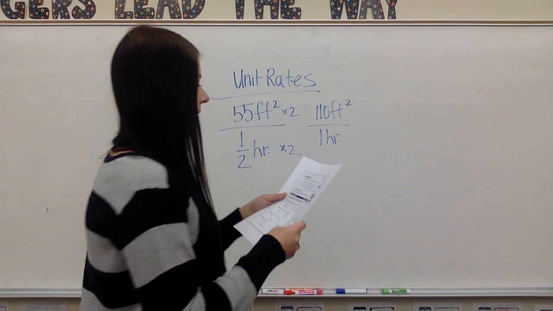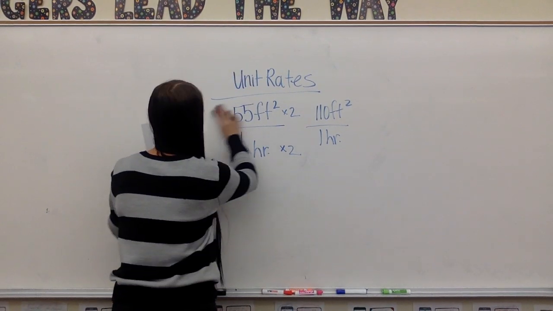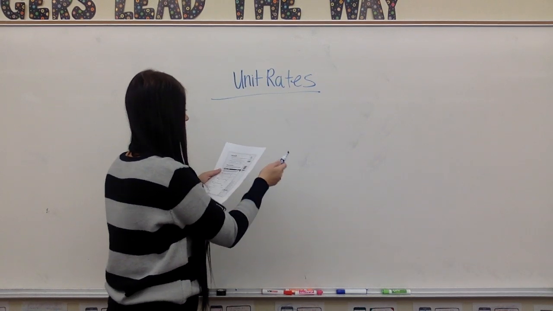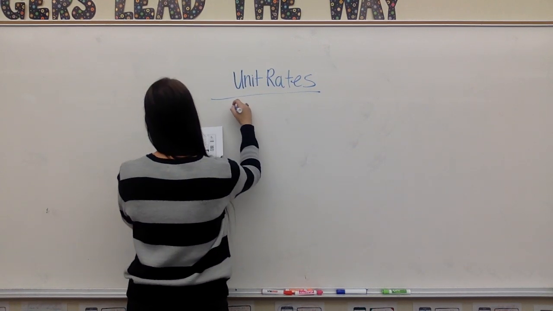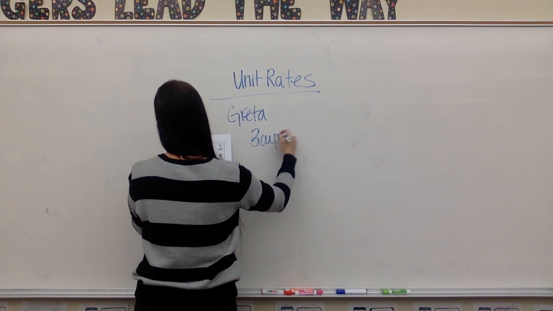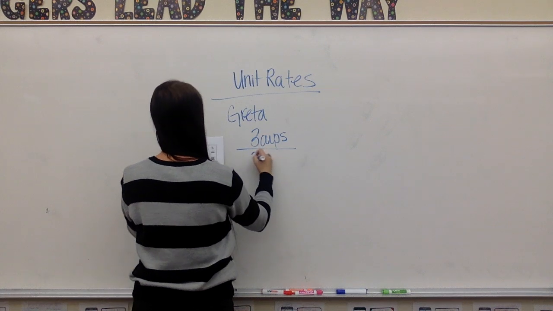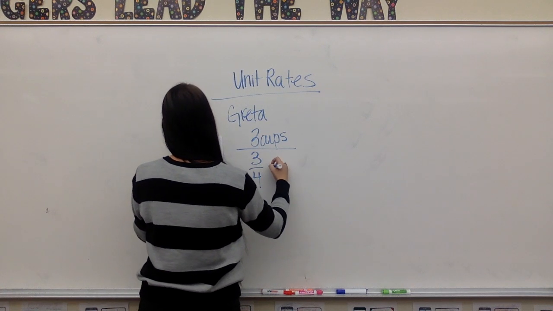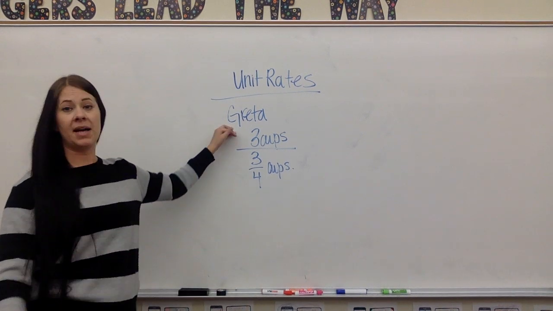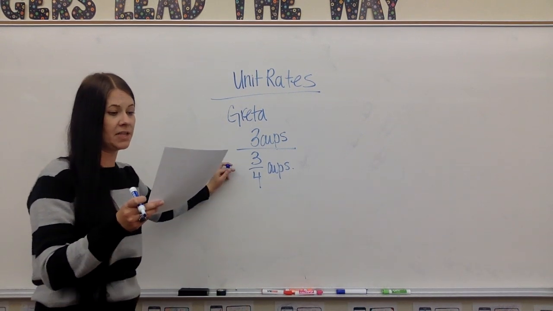So let's look at this one. Why don't you try this one? So Greta uses 3 cups of pasta for every 3/4 cups of sauce. Okay, so for 3 cups of pasta, she uses 3/4 cups of sauce.